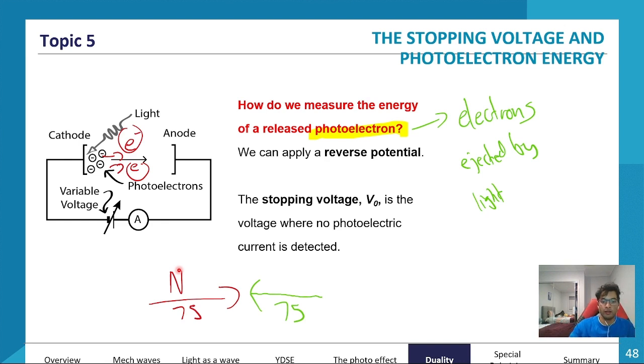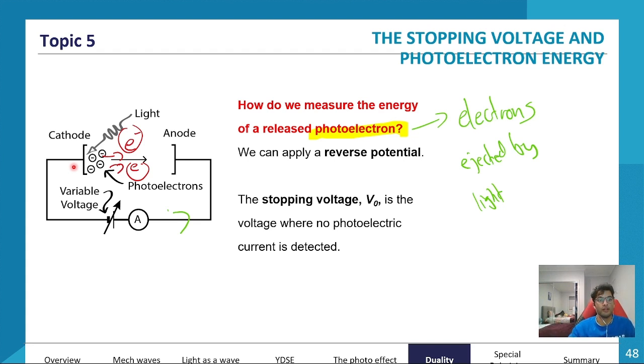They used a reverse potential. The current of the photoelectrons is going to the right, going clockwise. But with the reverse potential, they induced a current going in the opposite direction, anti-clockwise. And they changed the voltage until there was no current.